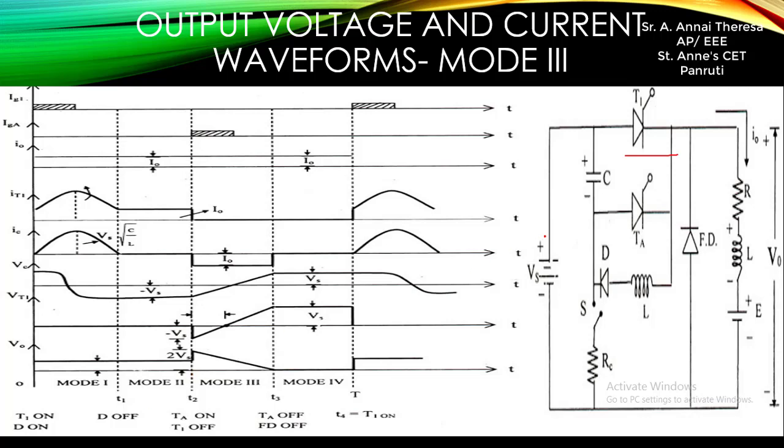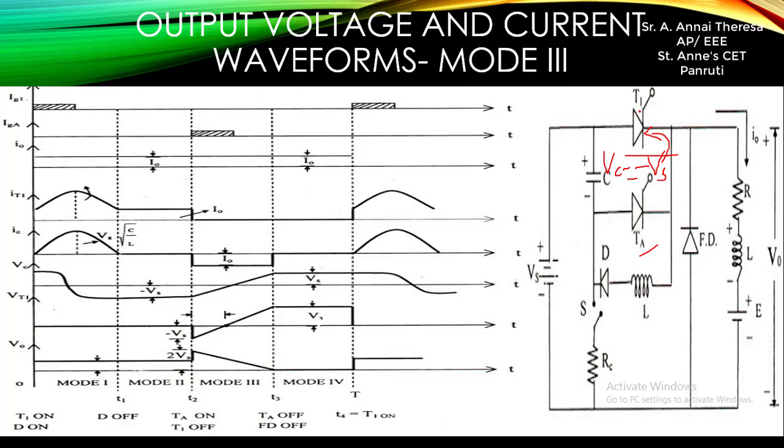Because the capacitor was initially charged to Vc equal to minus Vs, this reverse voltage now appears across the thyristor T1. Due to this reverse voltage, this thyristor will be turned off.